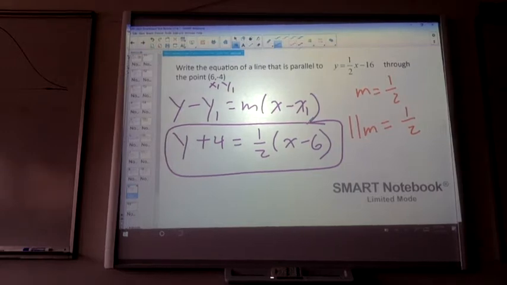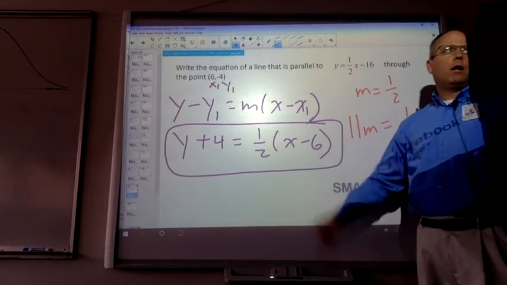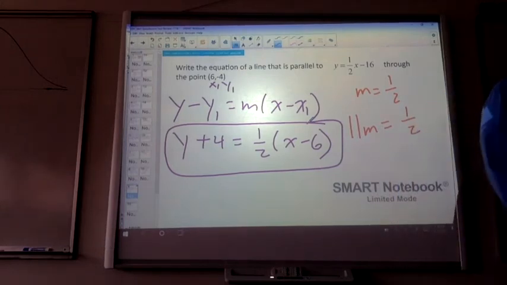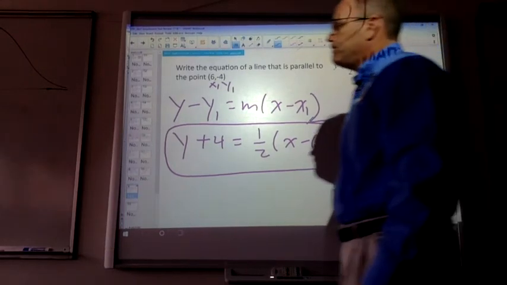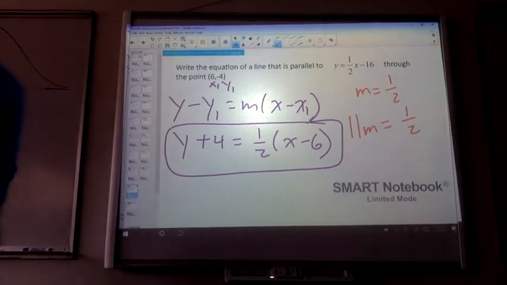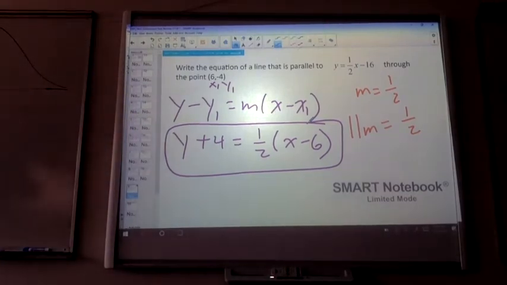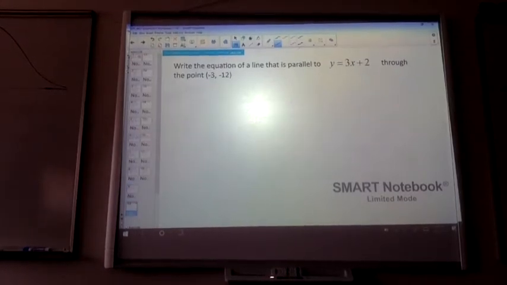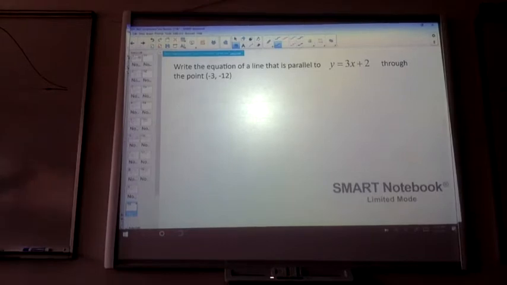The reason I say that is because if you decide to change it to slope-intercept form, could you make an arithmetical error? Yeah. So why take the extra step where you might have a chance of making an error? Okay, this one says write an equation as well, so we don't have to take it all the way to y equals mx plus b, do we?